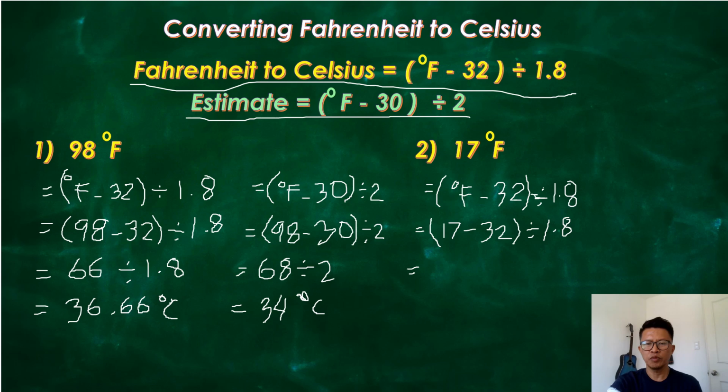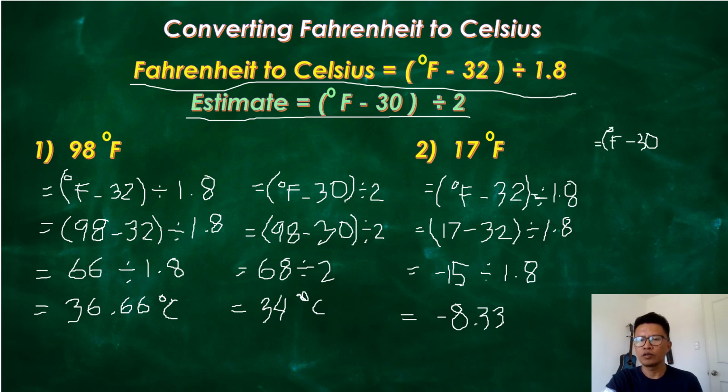So 17 minus 32, that will give us an answer of negative 15, right? And then divided by 1.8. Okay, so negative 15 divided by 1.8, that will give us an answer of negative 8.33.